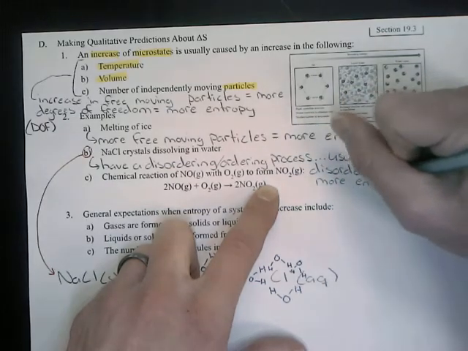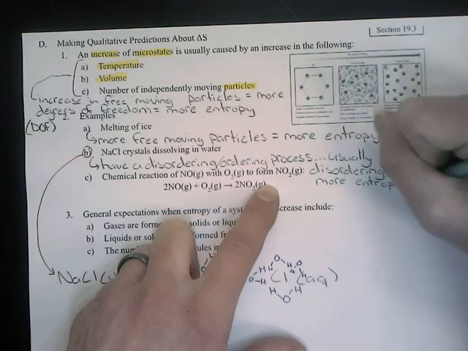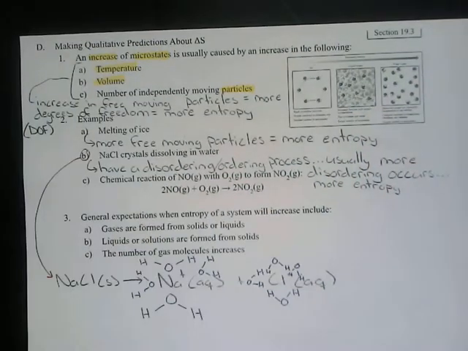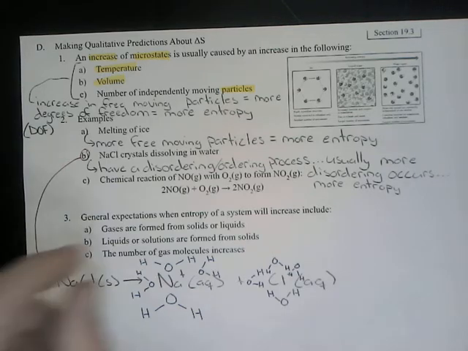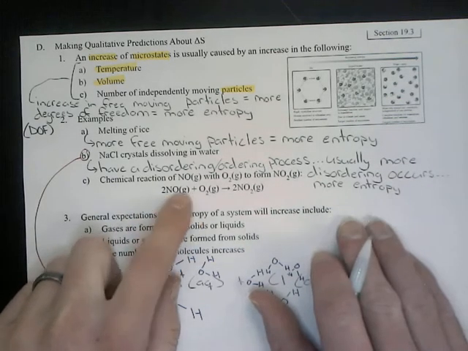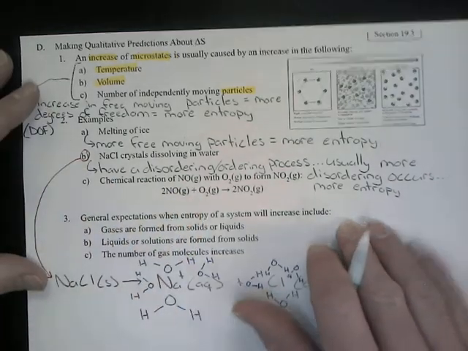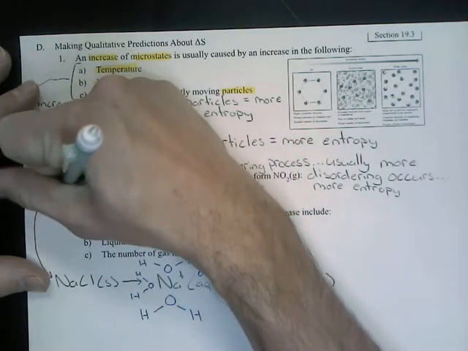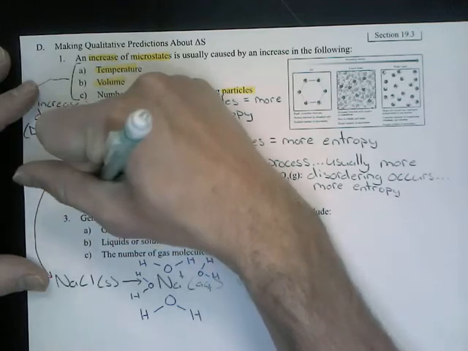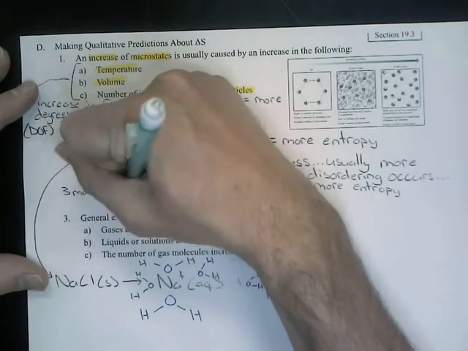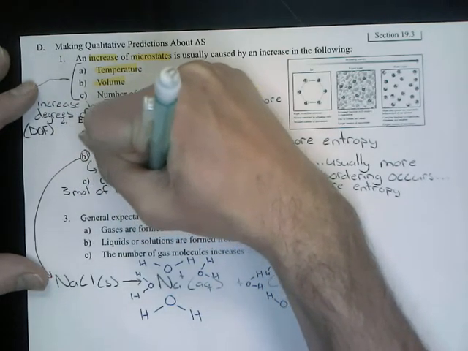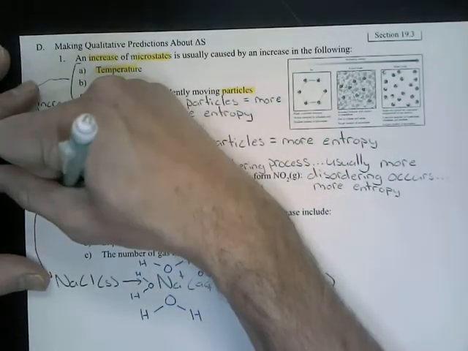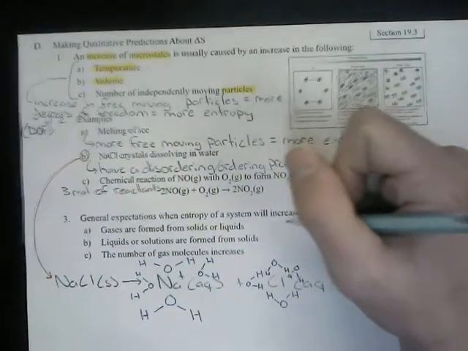Okay. Now, we get down to this equation where we have 2NO gas plus O2, which is also a gas, goes to 2NO2. Well, check this out. On the reactants, we have 3 moles of gas. So I'm going to put 3 moles of reactants that are gases. If you want to add that in there, that's perfectly fine.